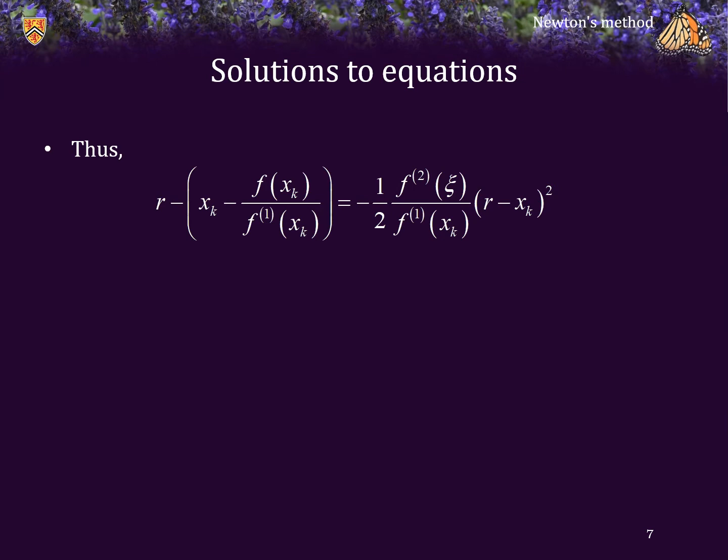Isn't that one step of Newton's method? Isn't that the root of the first-order Taylor series passing through the point x sub k, f at x sub k? Actually, it is. And this is our next approximation. So on the left-hand side, we have the error of the next approximation.